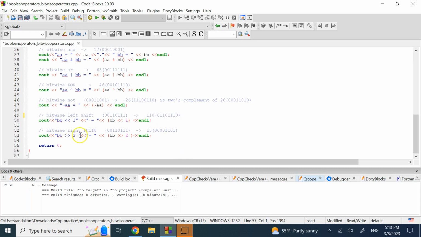And finally, if you shift B to the right, so this is your B, and if you shift it 2 to the right, what happens? These two will go to the right, and right means out of the memory location. They are not converted into zeros, actually, they will be eliminated because they are out. Let me show you.